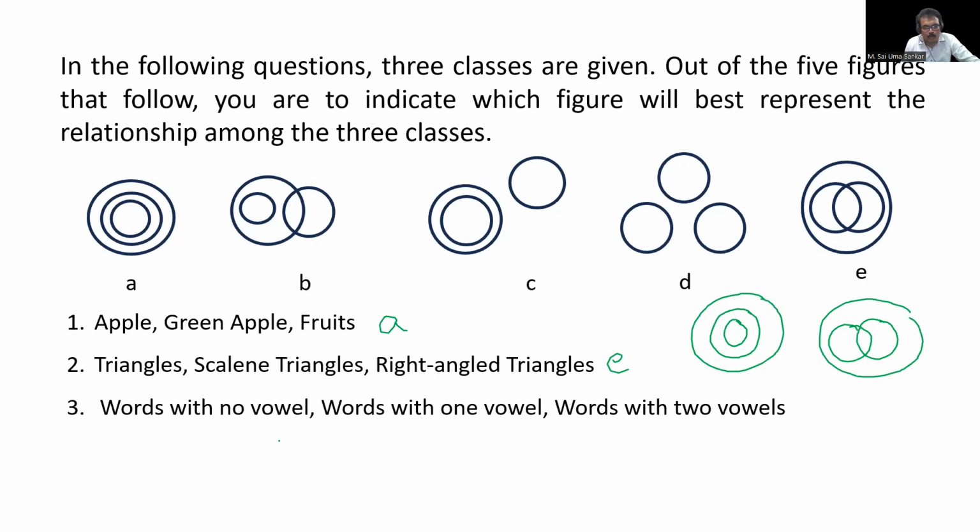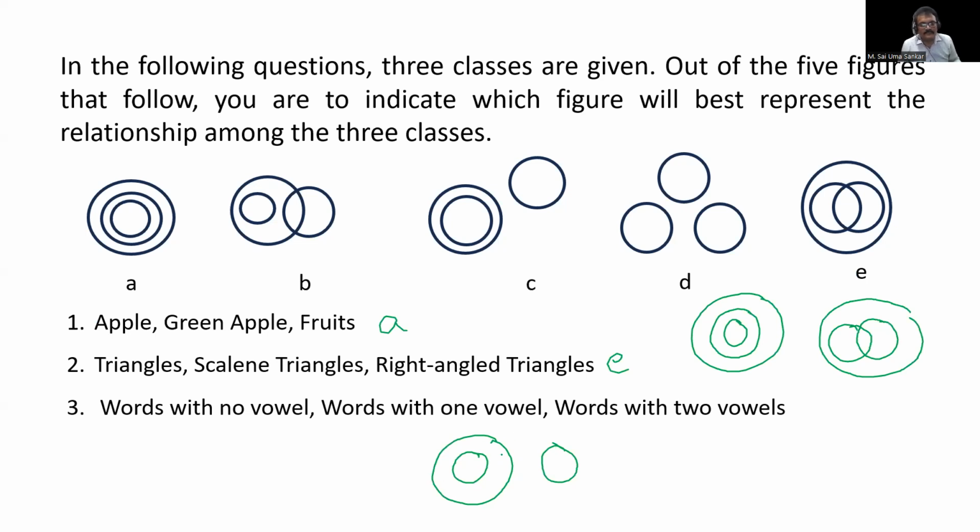Next, words with no vowels, words with one vowel, words with two vowels. See, words with one vowel, this is the word. Words with two vowels, what happened? How to relate these? Words with vowels and words with no vowels are disjoint.